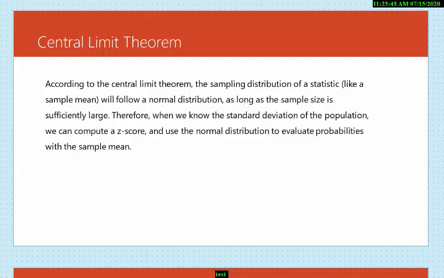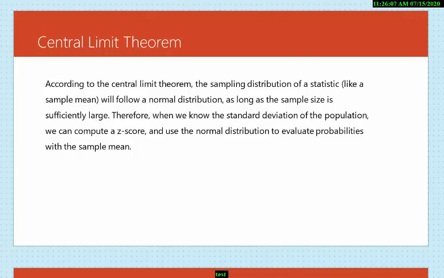This is what the book says. We haven't explained yet the importance of greater than or equal to 30, but I can tell you that this means that we need to get a sufficiently large sample, a sample that is not going to affect the standard deviation. That's the reason for that.